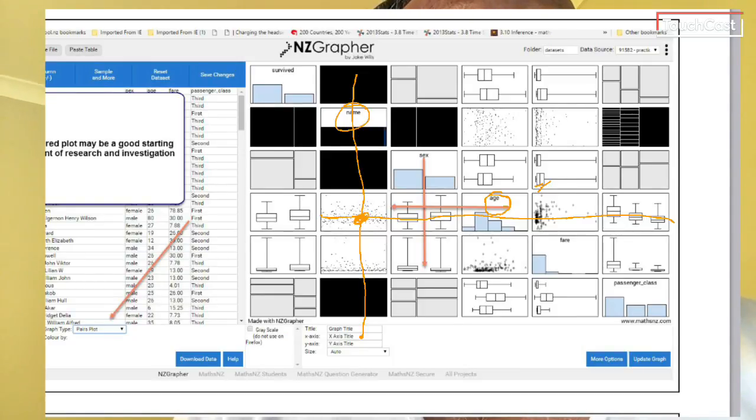Is age categorical or numerical, name categorical or numerical? So all kinds of questions come in. But if you look at this graph, it looks more like what is required for inference.